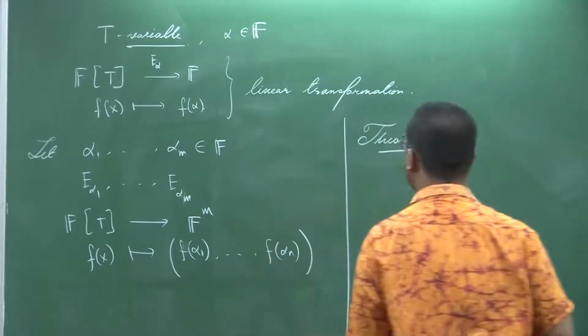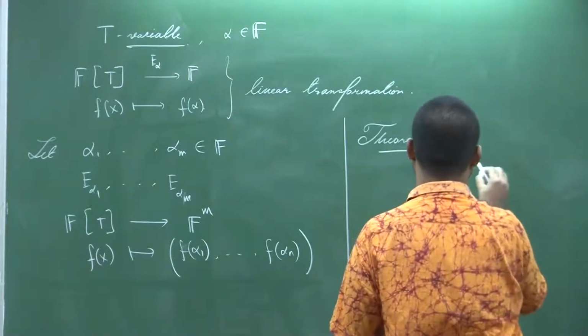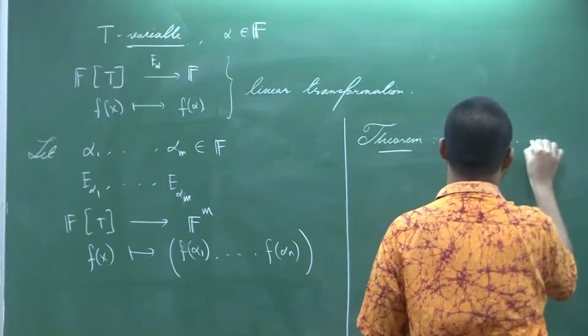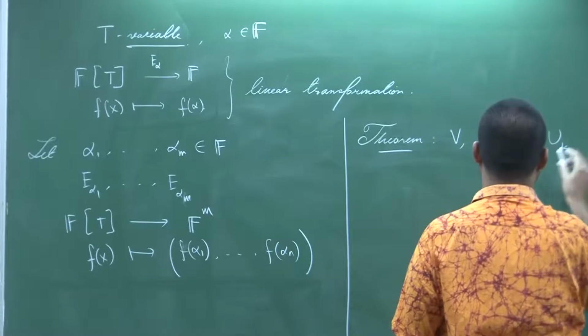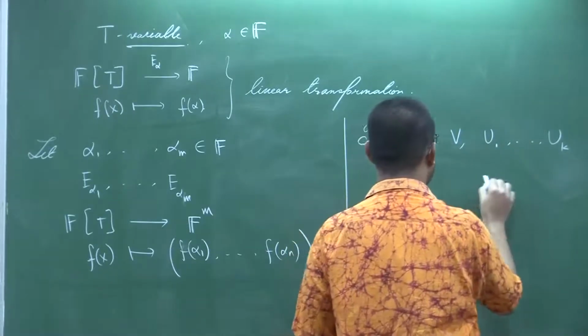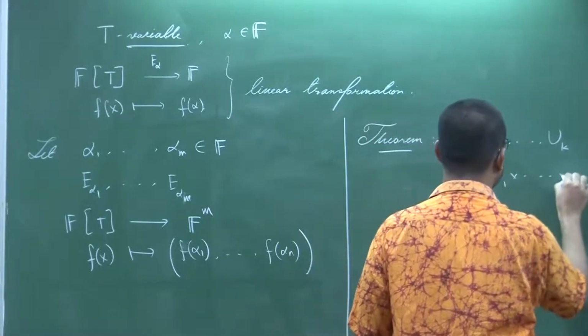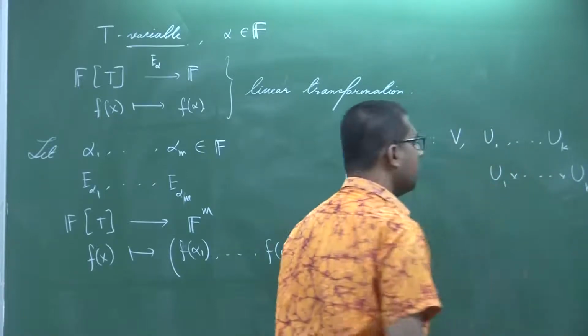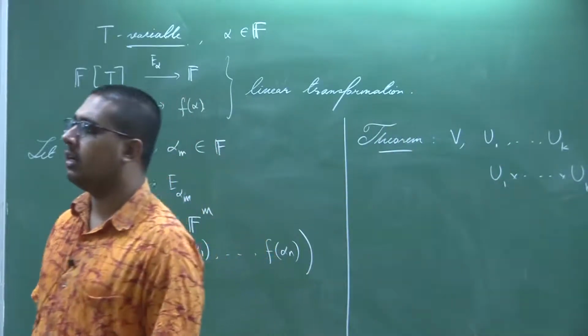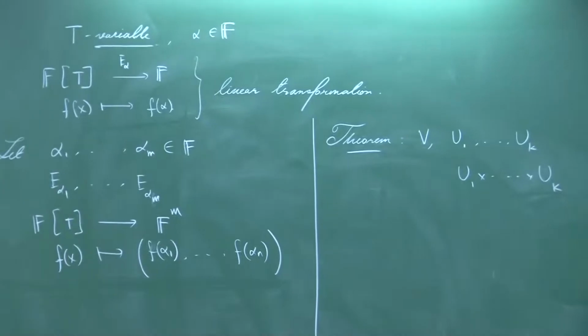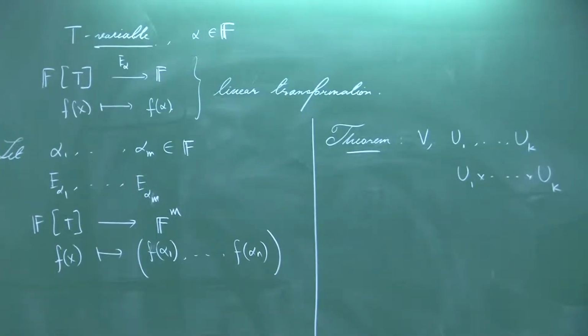What is our setup? Let V be a vector space, and let U1 up to Uk be vector spaces over K. Remember that the Cartesian product U1 up to Uk is also a vector space with respect to coordinatewise addition and scalar multiplication.